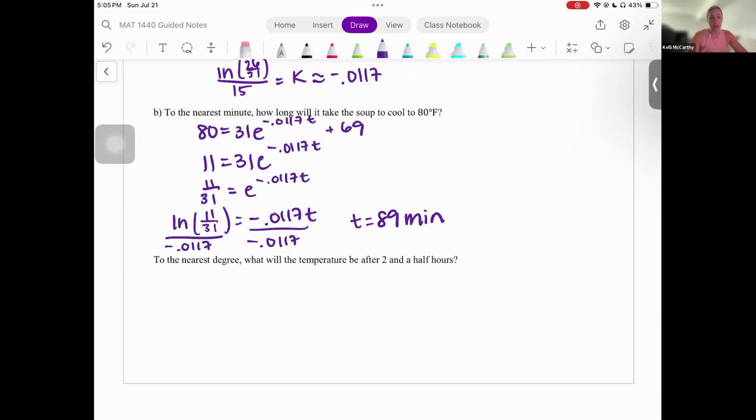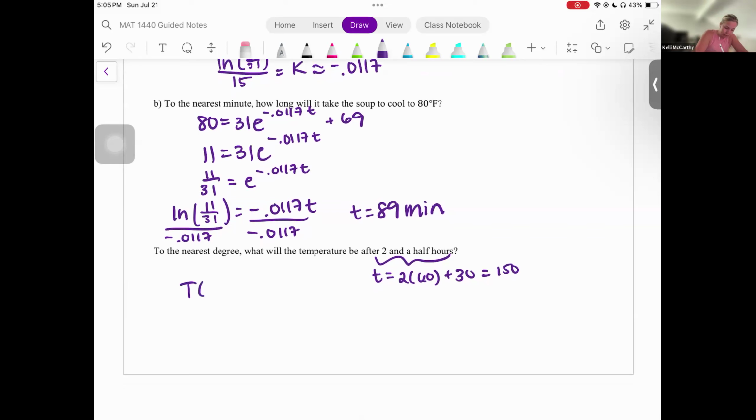To the nearest degree, what will the temperature be of the soup after 2.5 hours? So if we're looking at 2.5 hours, then that means our time is 2 times 60 plus 30, because our time was measured in minutes initially. So this is 150 minutes.